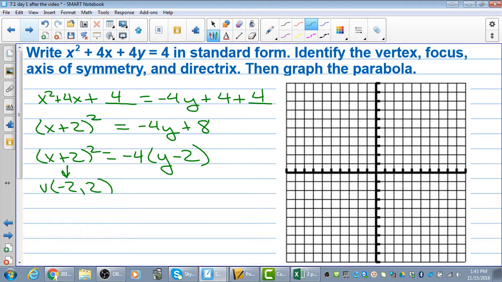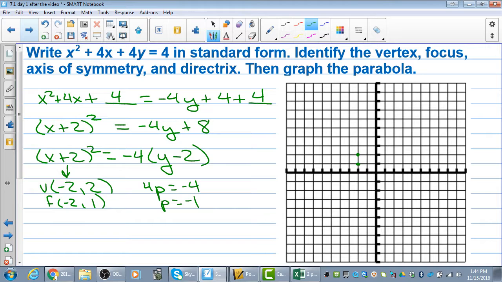Let's start plotting. (−2, 2), right there. 4p is equal to −4, so p is −1. That means this thing opens down. Because x is squared, that means it opens up or down, and here it opens down. So the focus is 1 unit away from the vertex, down. So there's our focus, (−2, 1).